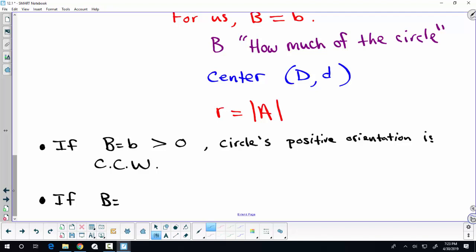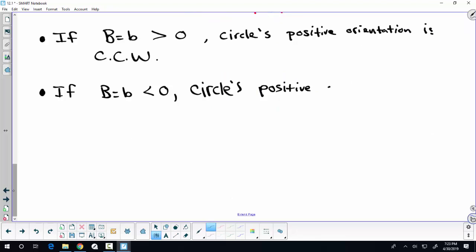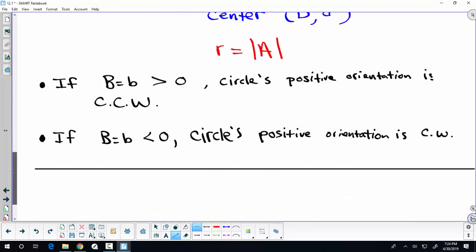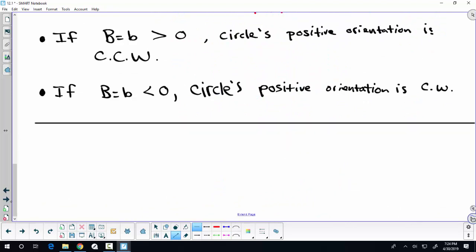If B is negative, then you've got a positive orientation of clockwise. Do you have any questions? It's all very generic at this point.